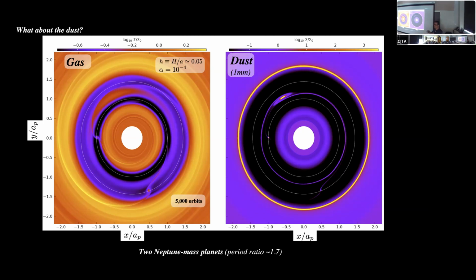So this would be like an early Neptune-Uranus with a period ratio of 1.7, which is kind of surprising that it could, in principle, still be detected, assuming these values, of course, of the disk: aspect ratio 5%, alpha 10 to the minus 4. In any way, in this particular case, the 1 millimeter dust particles do show up very clearly in the crescent that has this vortex, which is good.